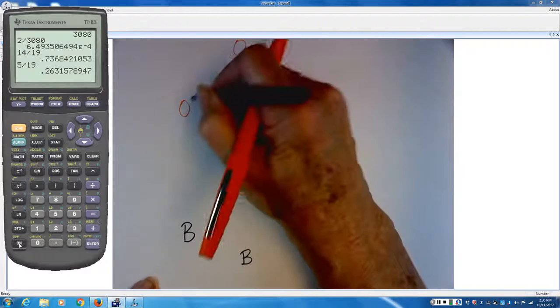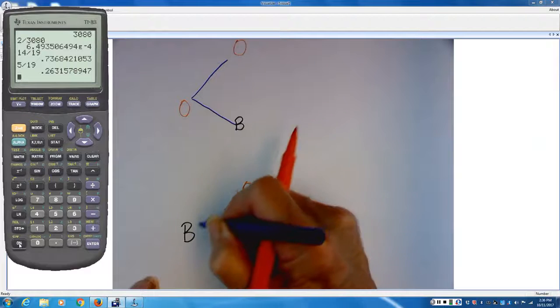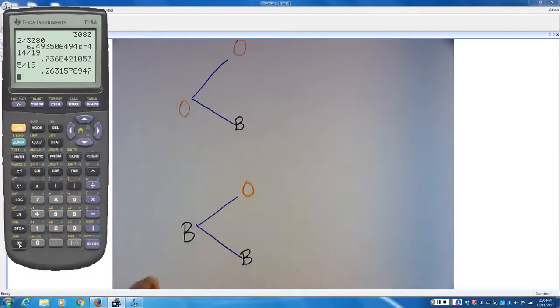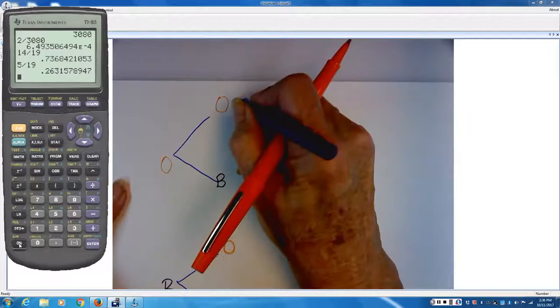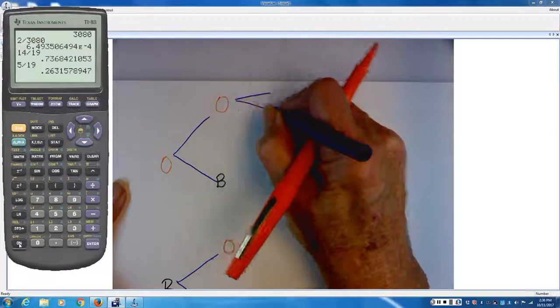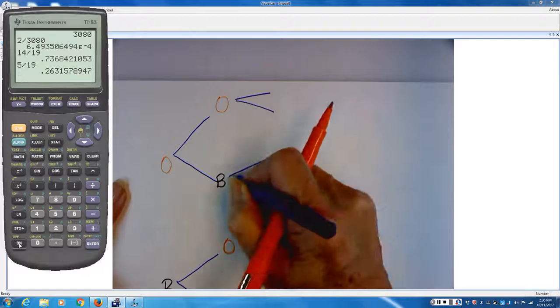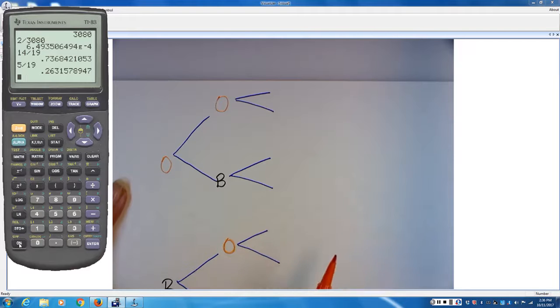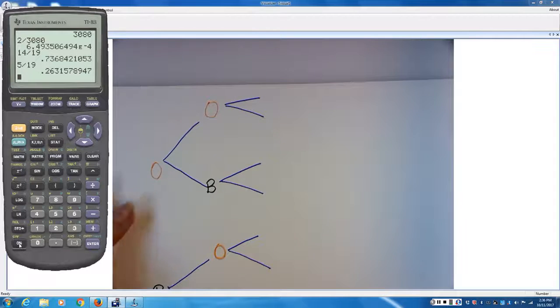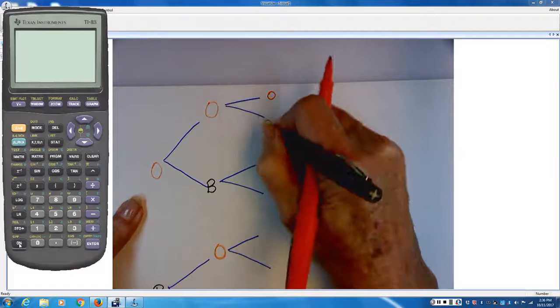So here's my first M&M and my second M&M. Now from each one of those, I choose my third one. And it's either orange or brown.